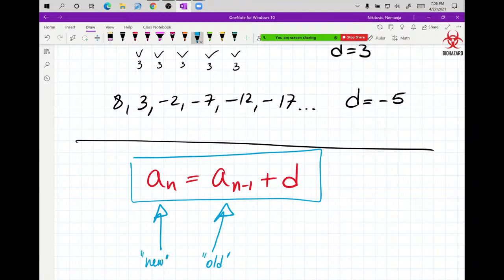You take the old term, add the common difference to it, and build the new term. With this, you can build the sequence as far out as you need.